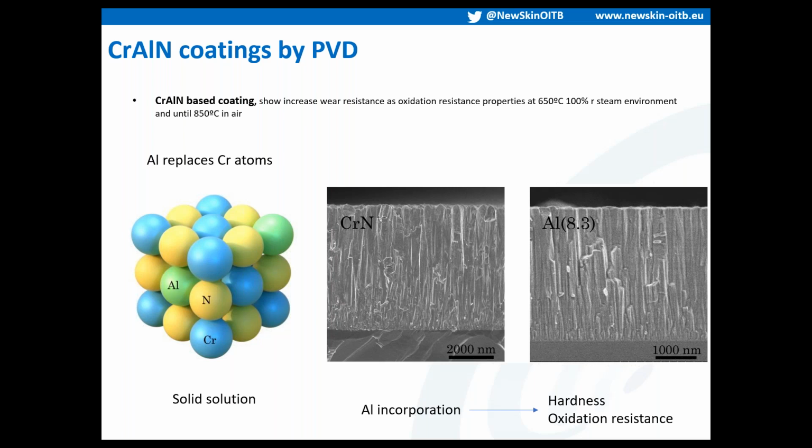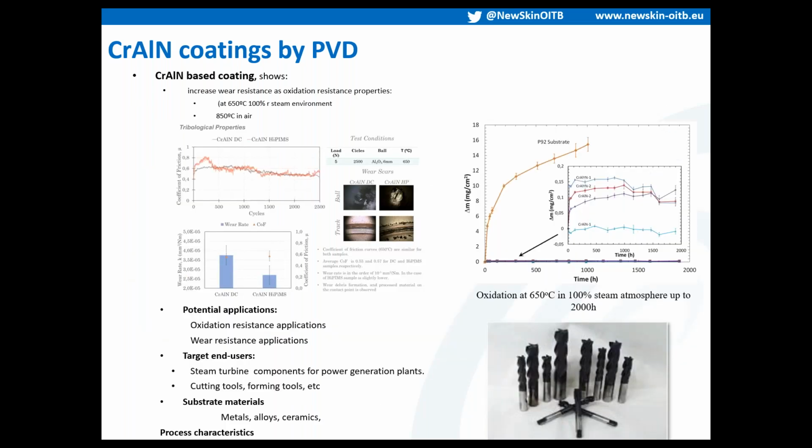The aluminum replaces the chromium atom in the crystal lattice and forms a solid solution. These aluminum incorporations produce an increase in the hardness and in the oxidation resistance.